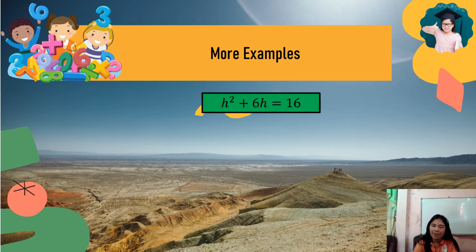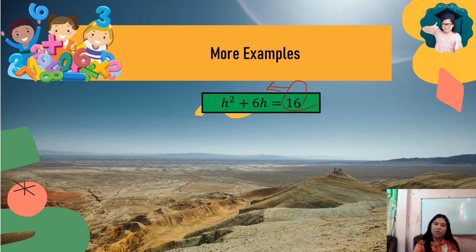Meron pa. Marami pang example para mas gumaling kayo. Okay? So, naka-standard form ba? Look at it closely. Standard form ba? Hindi. Kailangan itong 16 na to, kailangan nandito siya. So, kailangan yung tumawid dyan.